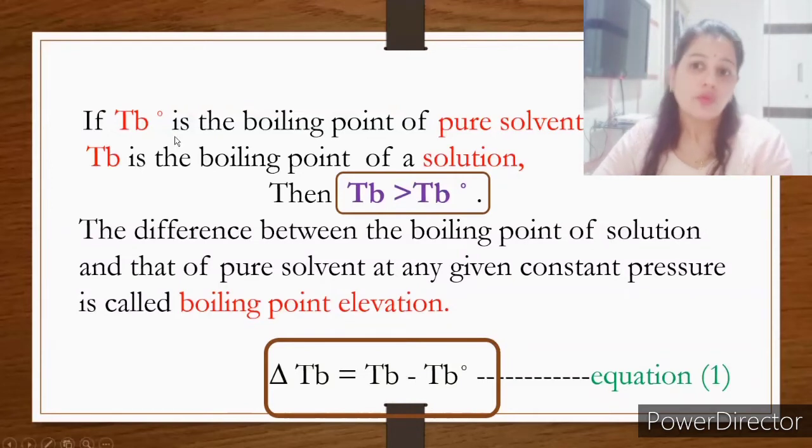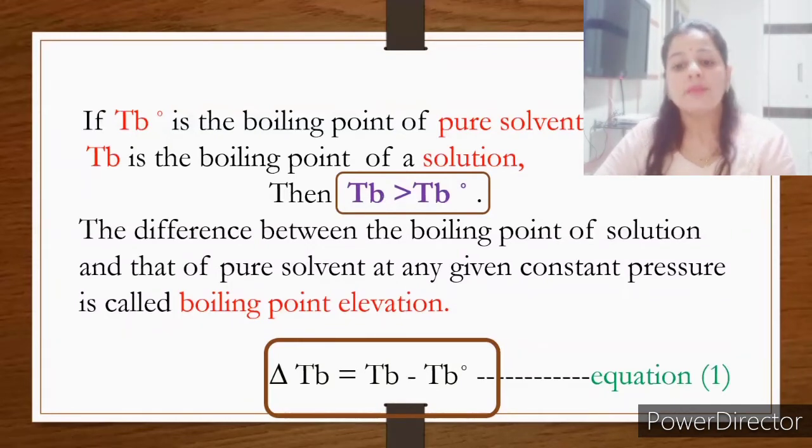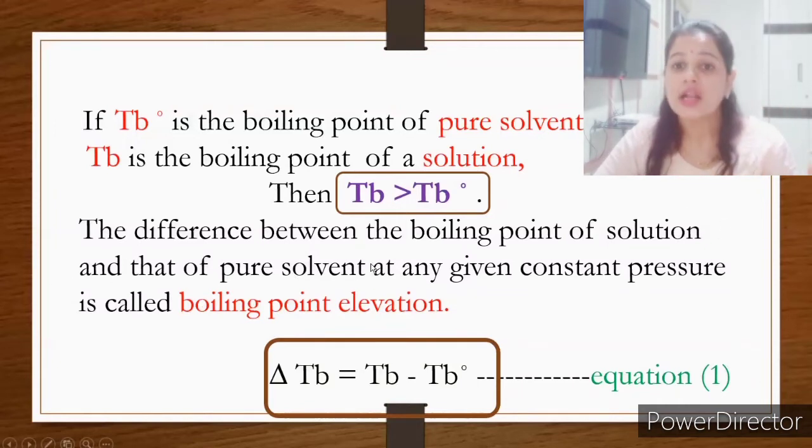Now we have just seen that the boiling point has increased, meaning the value of Tb will be higher than Tb naught. So Tb is greater than Tb naught, and if I find the difference between the two, that will give me the elevation in the boiling point, meaning by how many degrees the boiling point has increased.